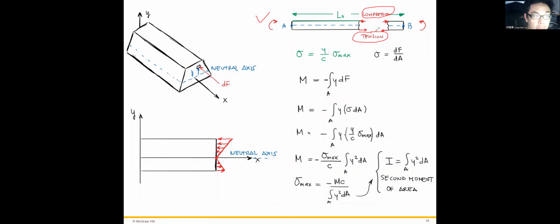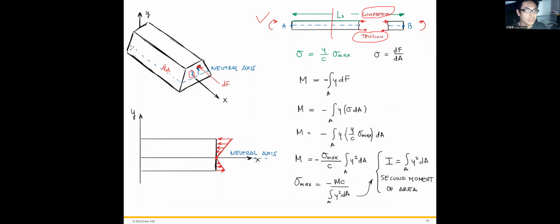Is that clear? Okay, so if we cut through this beam AB to focus on its cross section, what do we get? Suppose this is the neutral axis here. And we can define a small element, or say the infinitesimal element, just above the neutral axis with the distance y. So it's the infinitesimal small element dA.